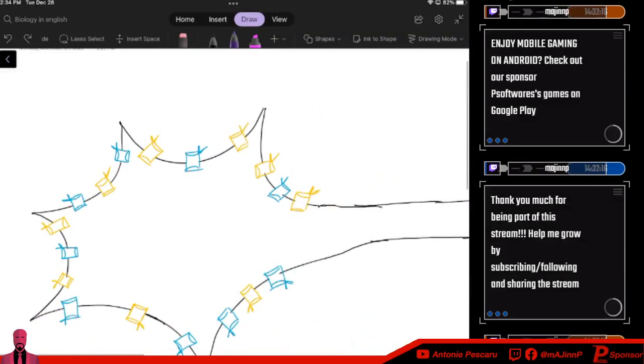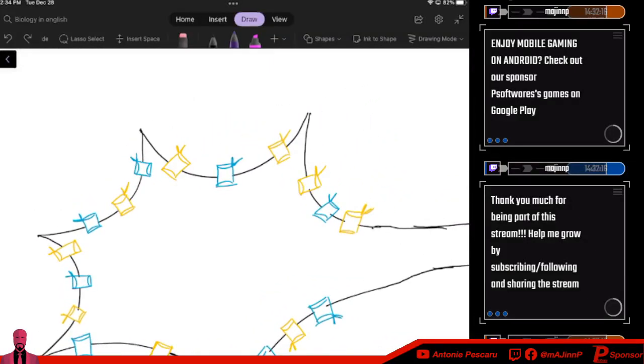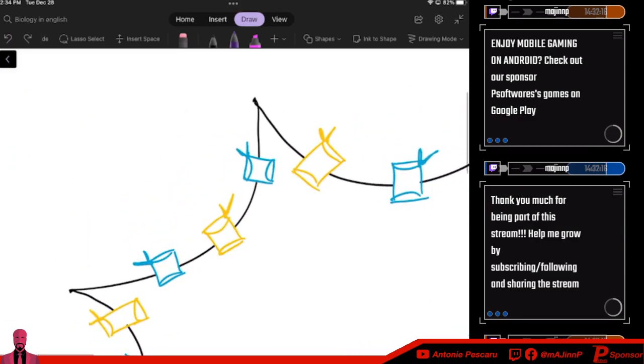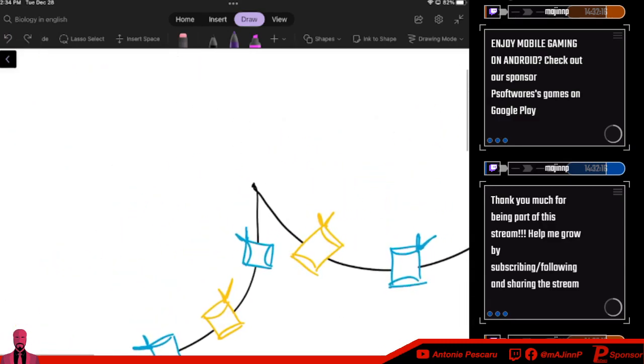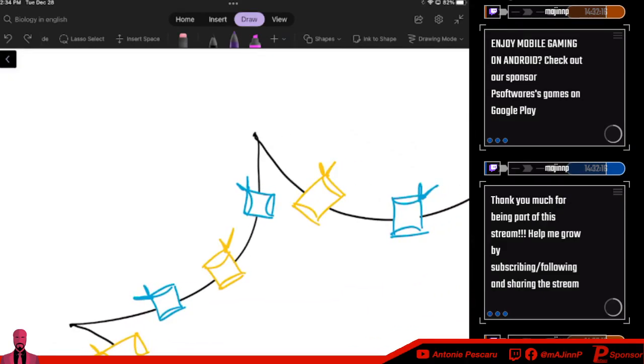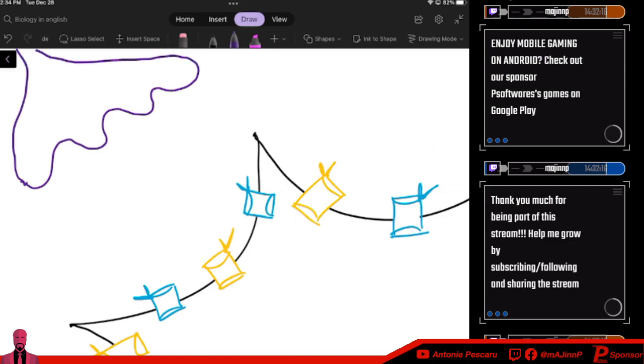Let's say there's an axon right here. Actually, that's a horrible drawing. Let me just redo this. That's also a terrible drawing. Oh my god, what is going on with me? Let me try to do this. 1, 2, 3, 4. Like that. And then like that. Okay, that's a little bit better.